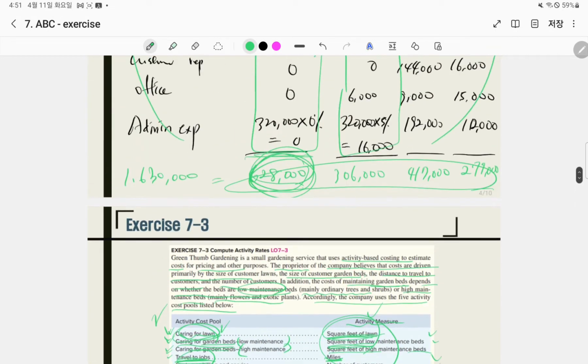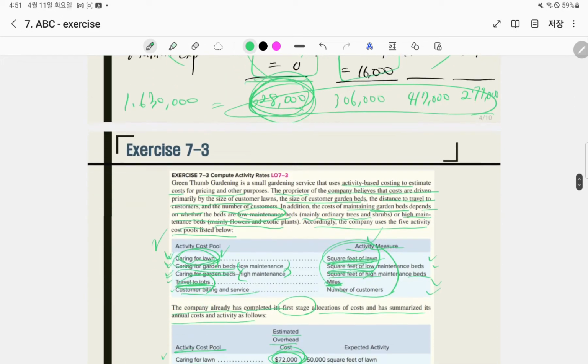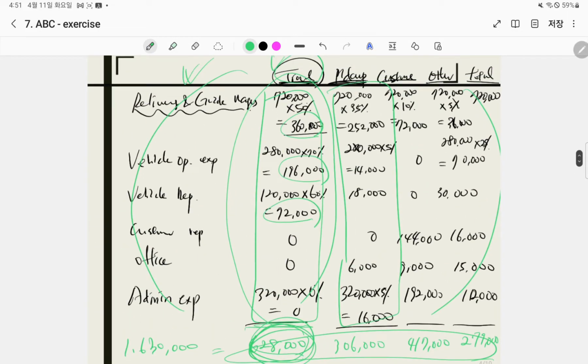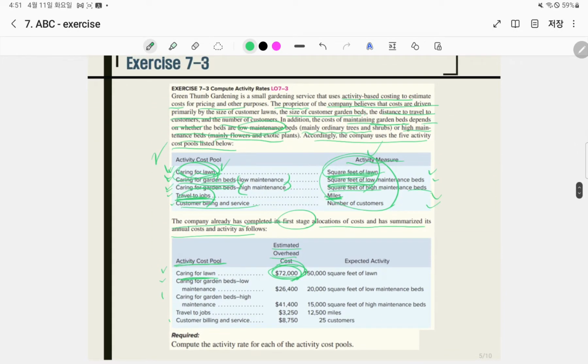So you already accumulated all the costs assigned to a certain activity, okay? You assume that you have already done this first stage allocation. Through this first stage allocation, you already derived these numbers.